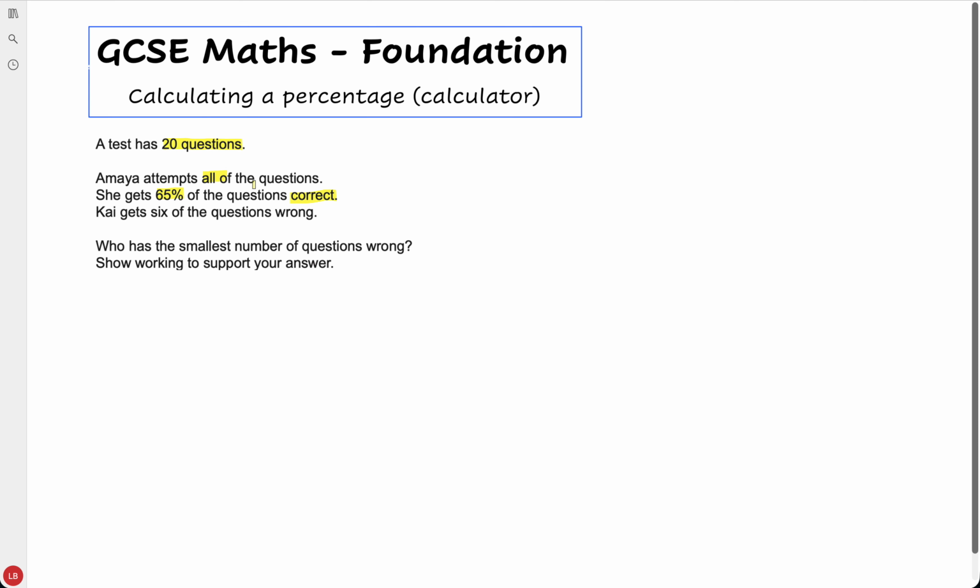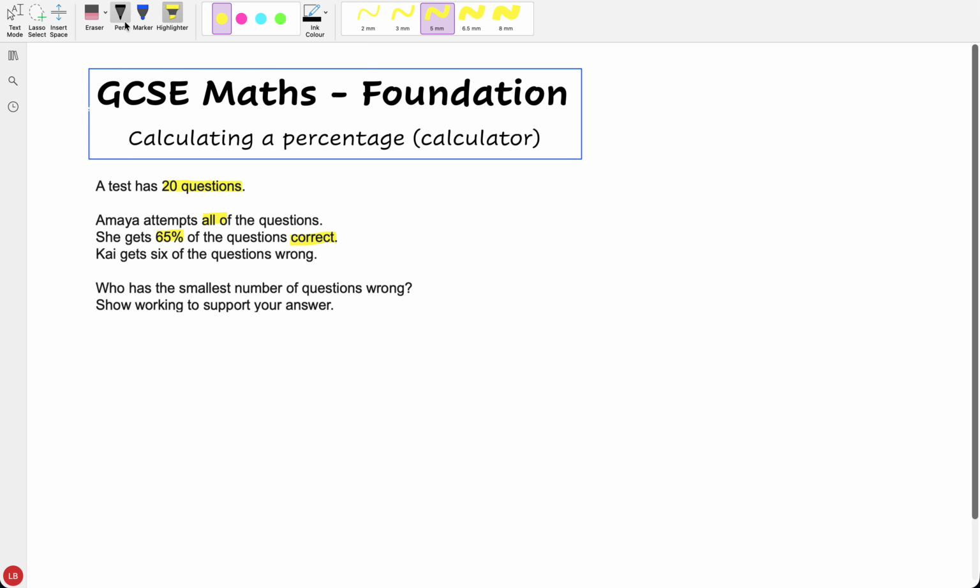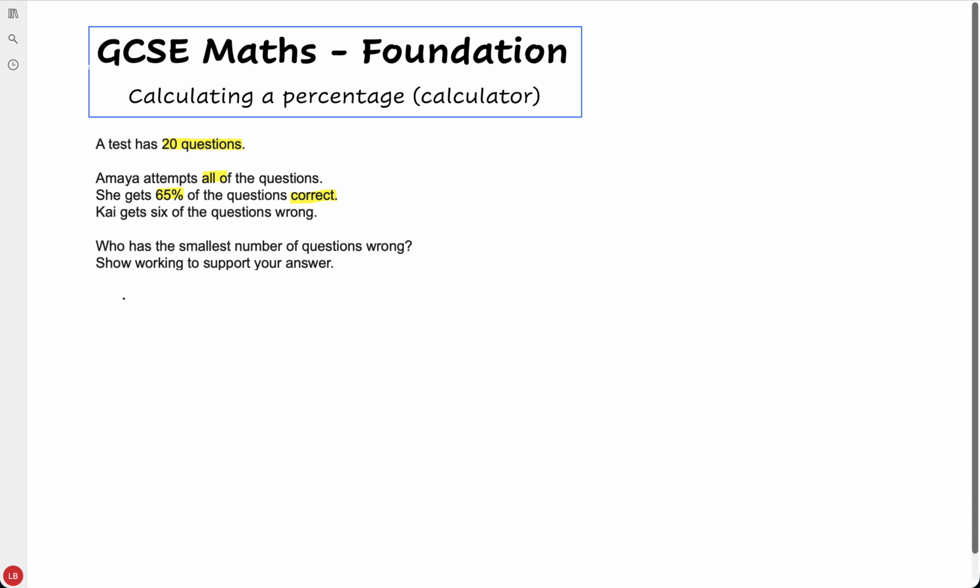Okay, well, we could start getting some marks here, because it says show working to support your answer. So if we write working out down, which is always recommended, we're going to start getting some marks. In fact, for this question, you're not going to get any marks at all unless you do show your working out.